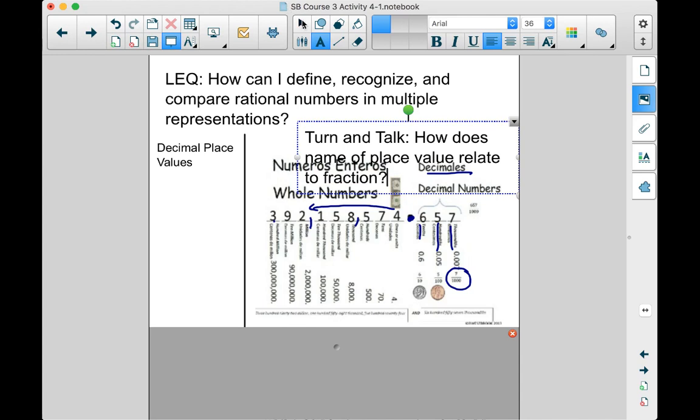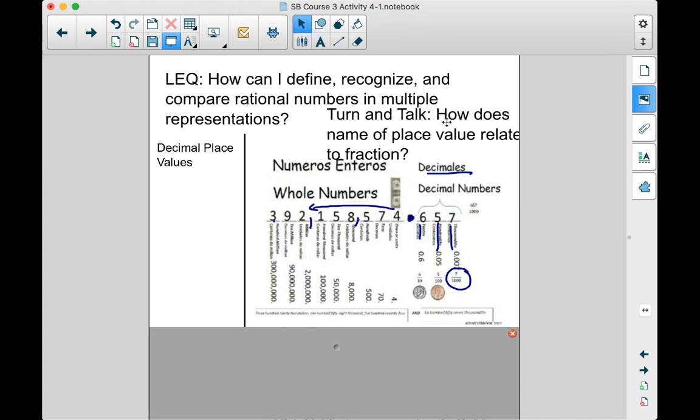For example, my 6 tenths would be 6 over 10. My 5 hundredths would be 5 out of 100. My 7 thousandths would be 7 over 1,000.